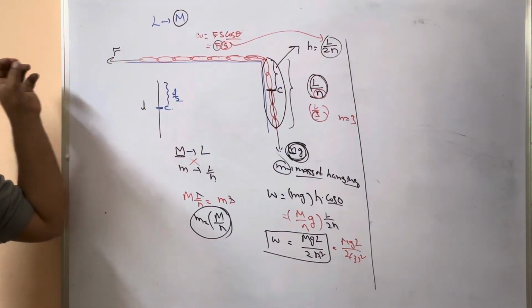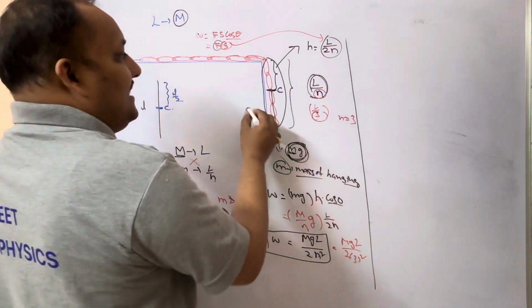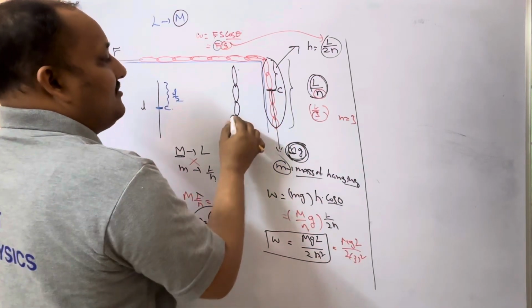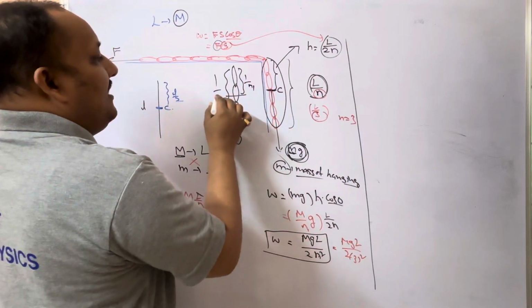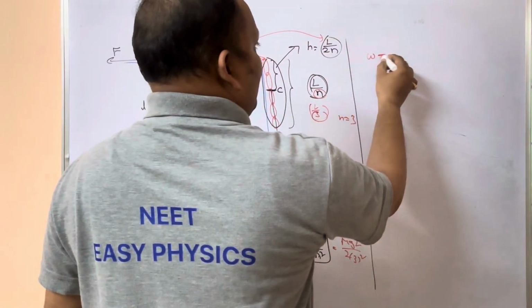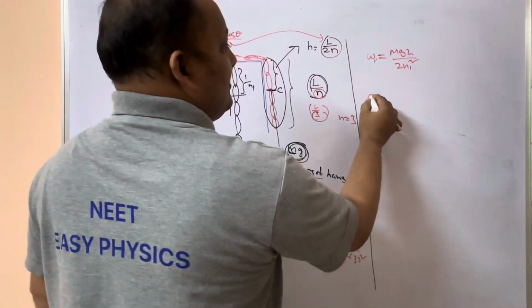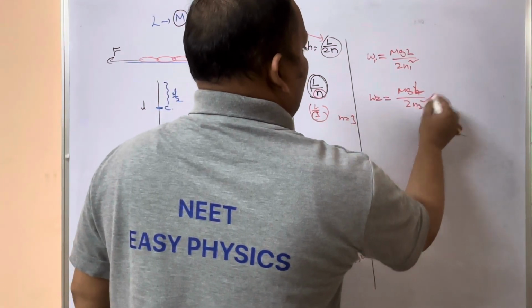So this is the work done to pull this hanging chain totally onto the table. Otherwise, they may ask to bring the hanging chain from 1 by n1 to 1 by n2. At that time, what is the work done? W1 is equal to MgL by 2 n1 square, W2 equal to MgL by 2 n2 square.